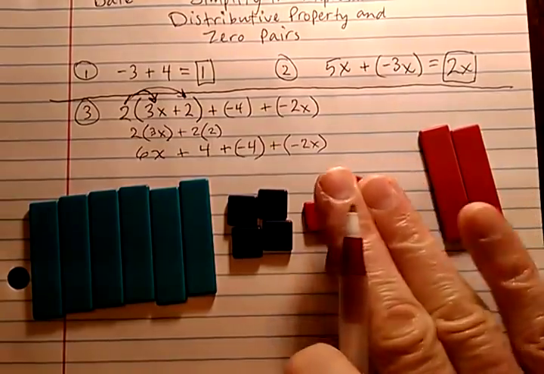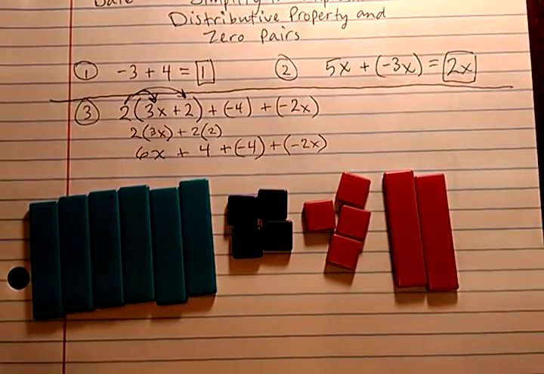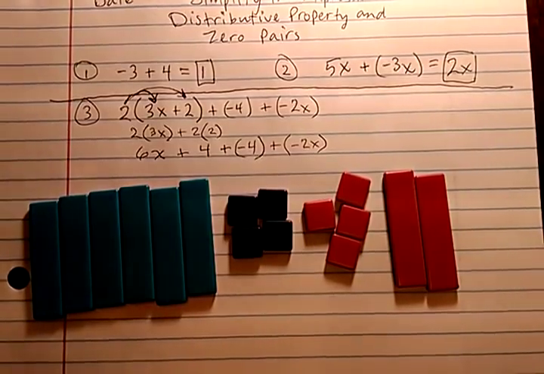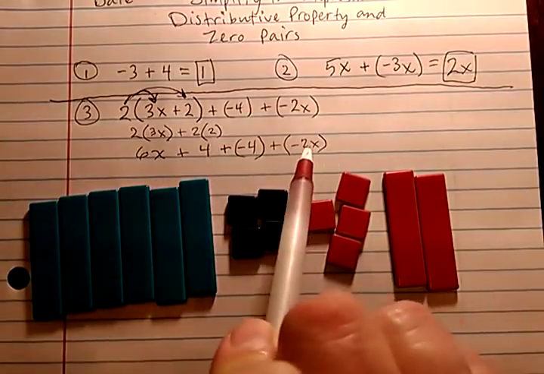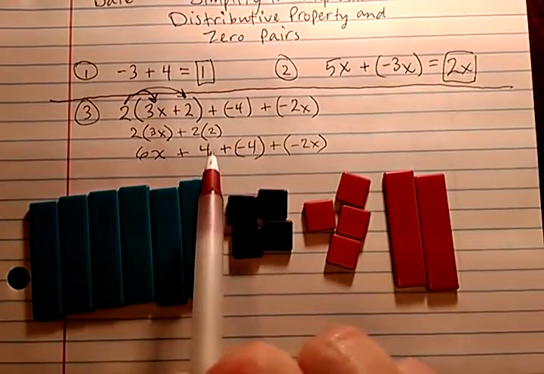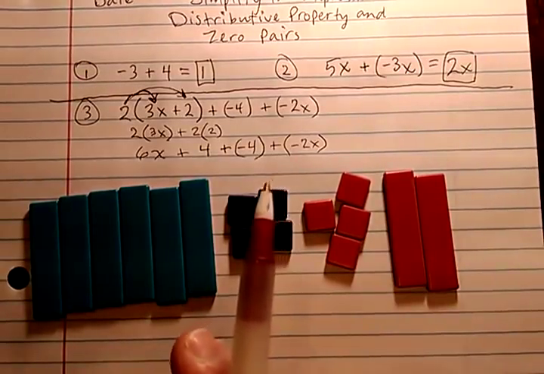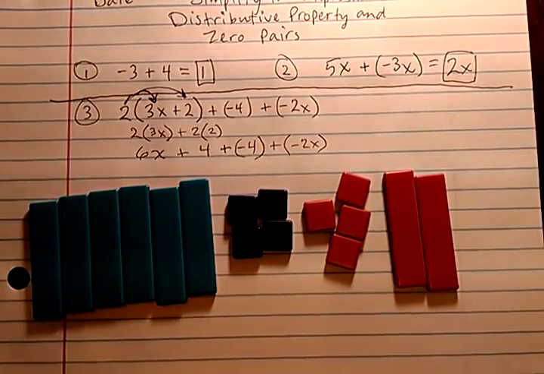Okay, so here's our negative 4 and here's our negative 2x. We've done our distributive property, but now we get to use our zero pairs to simplify even further. Because we want to simplify. This is still kind of a long expression. Maybe we can condense it down so it's a little bit more simple in the way it looks.